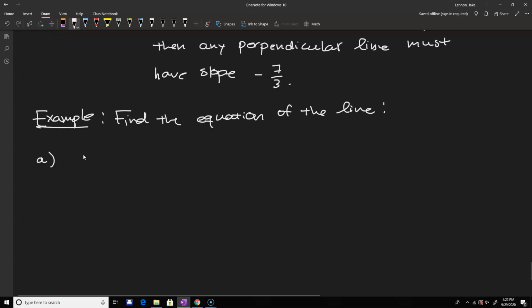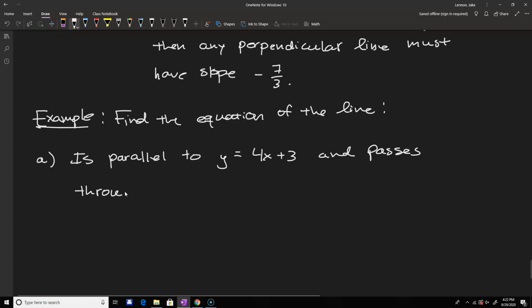Part A: the line is parallel to y equals 4x plus 3 and passes through (-1, 8).